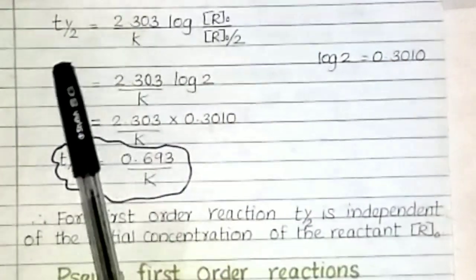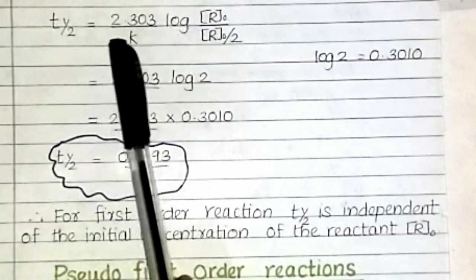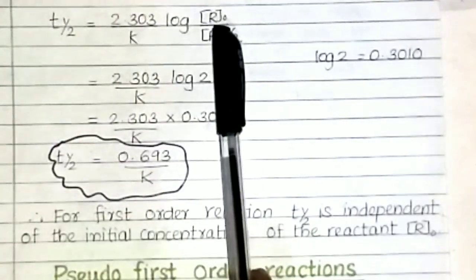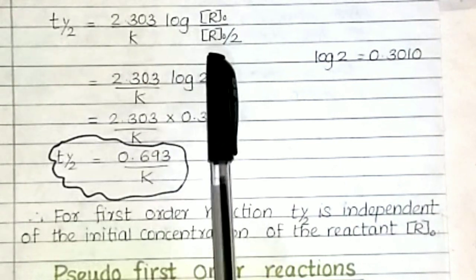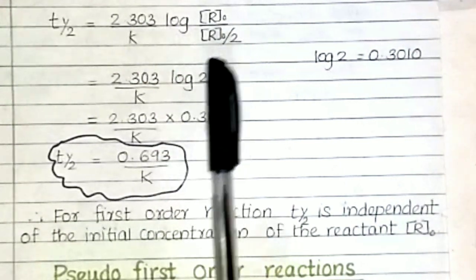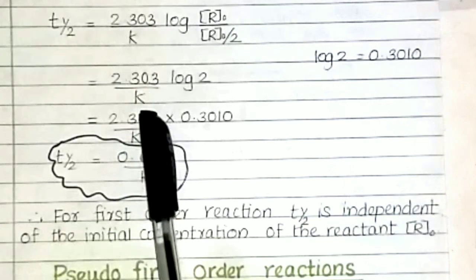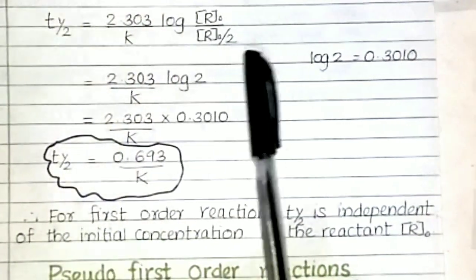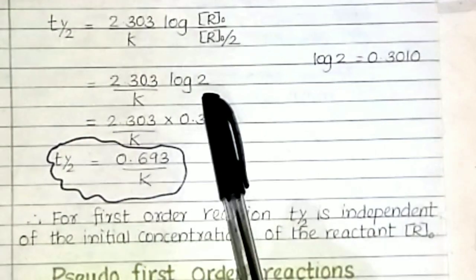Then substitute the values, then we get t half is equal to 2.303 divided by k into log R0 divided by R0 by 2. Then R0 and R0 get cancelled. 2 goes to the numerator, then it becomes log 2.